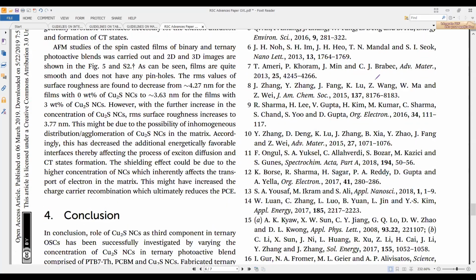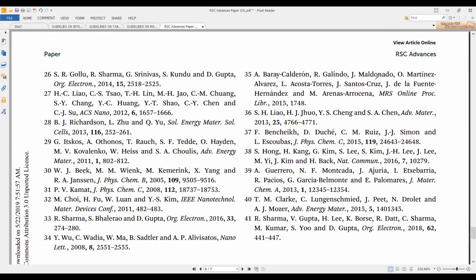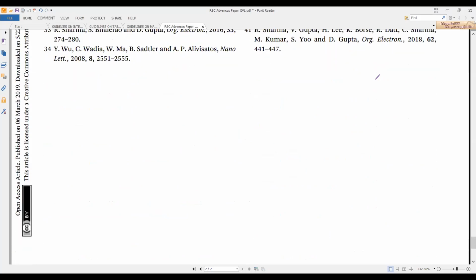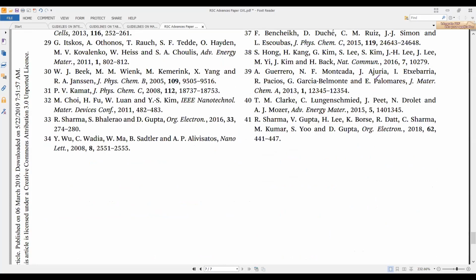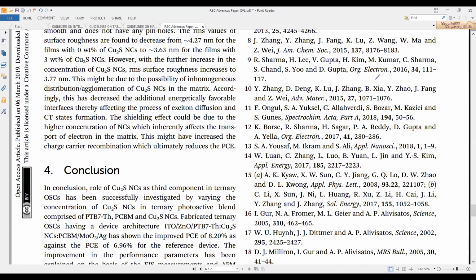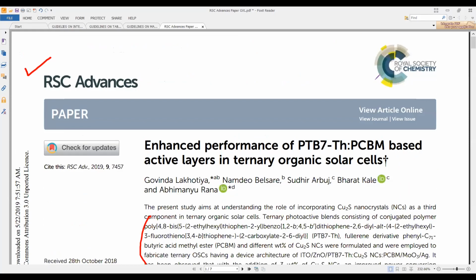The pattern of these references will be different for different journals that you can set from the reference management system, right? And with this, there is some supplementary file also. So yes, this is the general structure of a research paper.